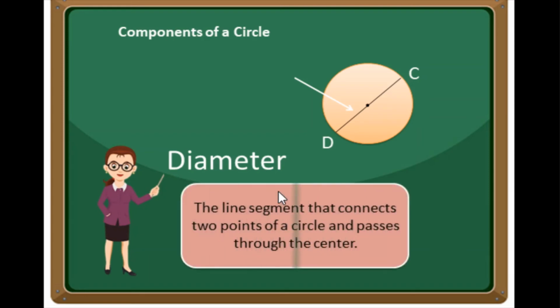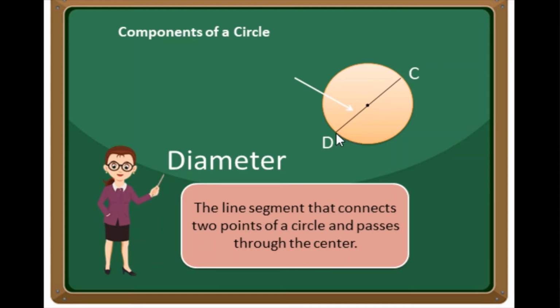The diameter is the line that connects 2 points of a circle and it passes through the center.